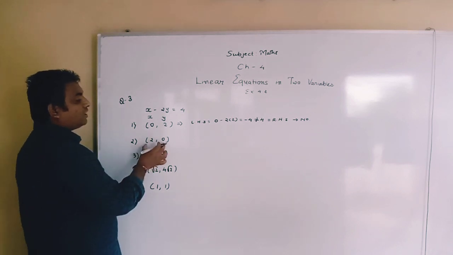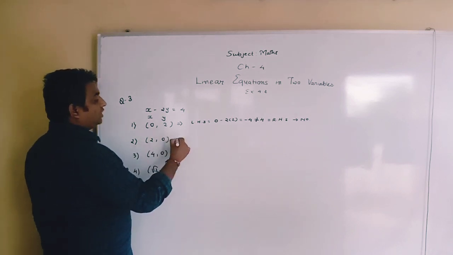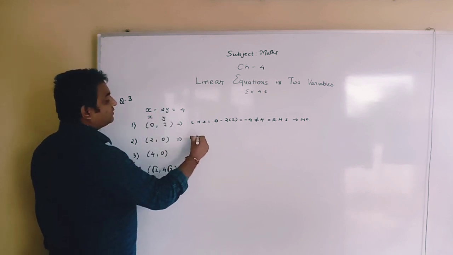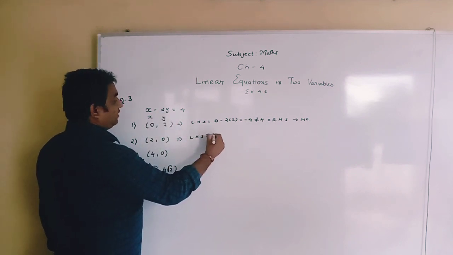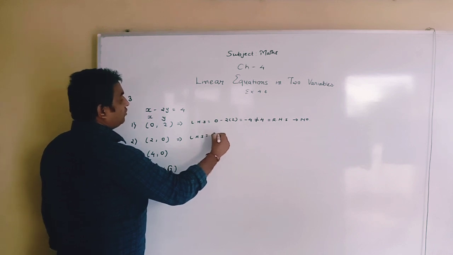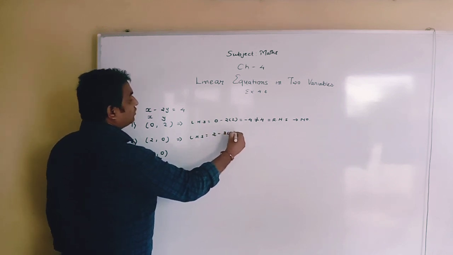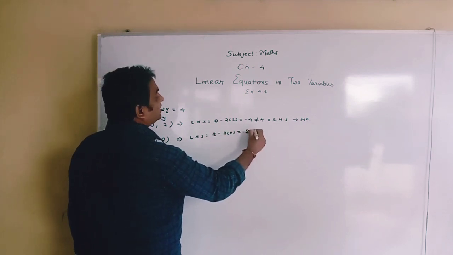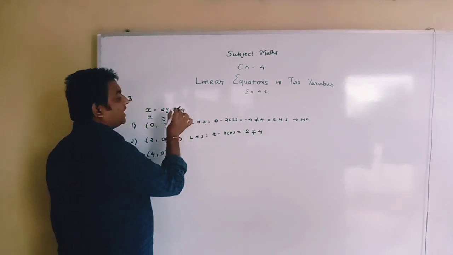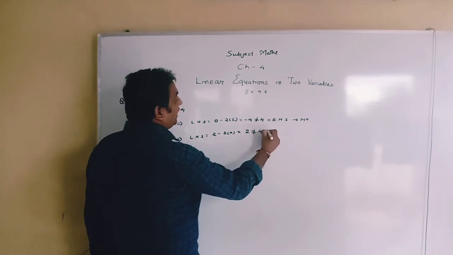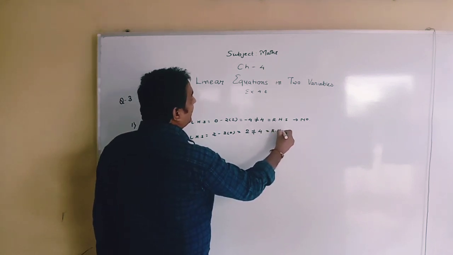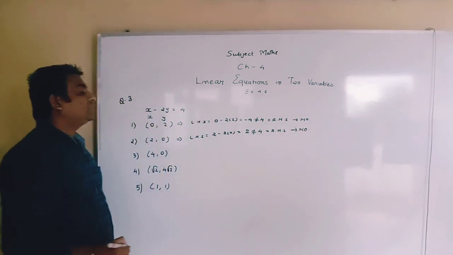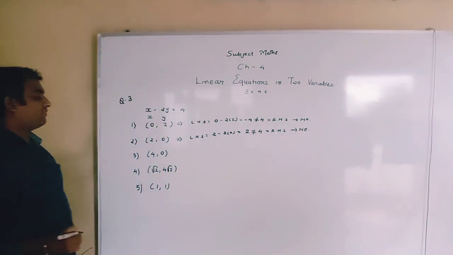Now the second ordered pair is given: (2, 0). So 2 and 0 we substitute in the left hand side, and 2 minus 2 into 0 gives 2 minus 0, that is 2, which is again not equal to 4 because the right hand side is 4. So the second ordered pair is also not a solution of the given equation.